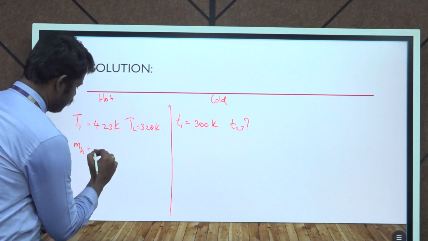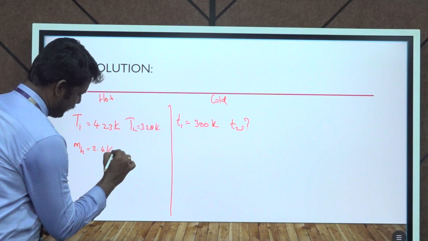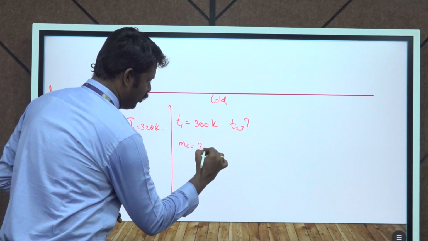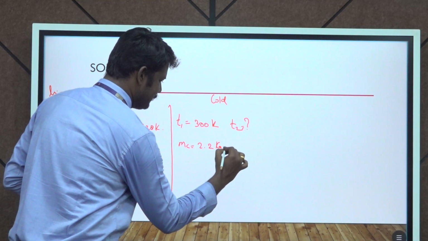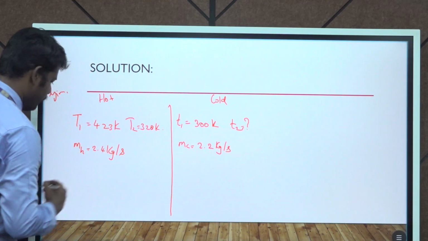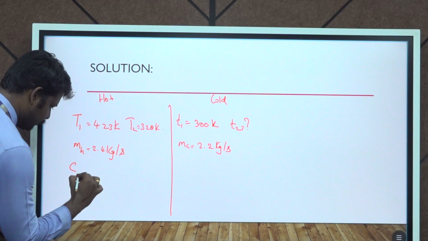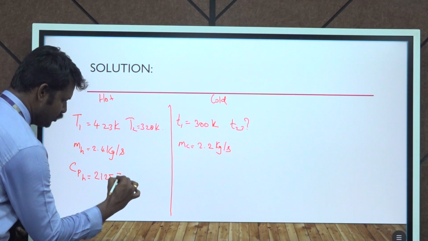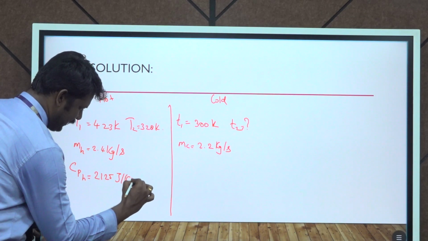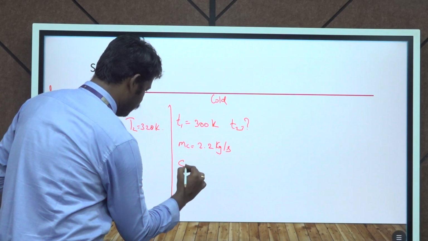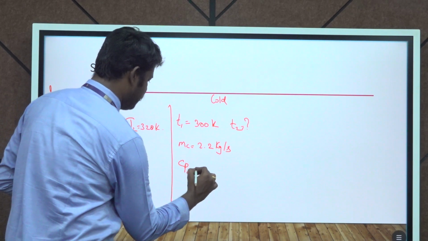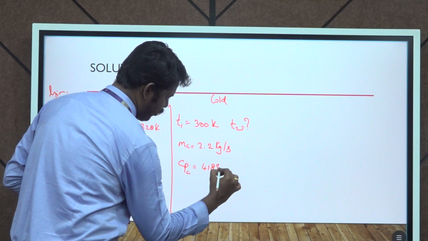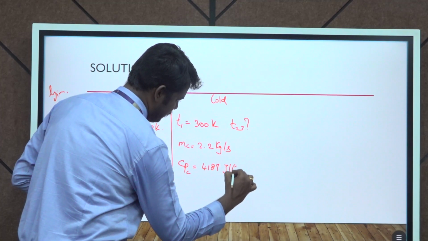So mh will be 2.4 kg per second and mc will be 2.2 kg per second, and the specific heat of hot fluid is 2125 joule per kg Kelvin, and the specific heat of cold fluid, since it is water and not given, is 4187 joule per kg Kelvin.